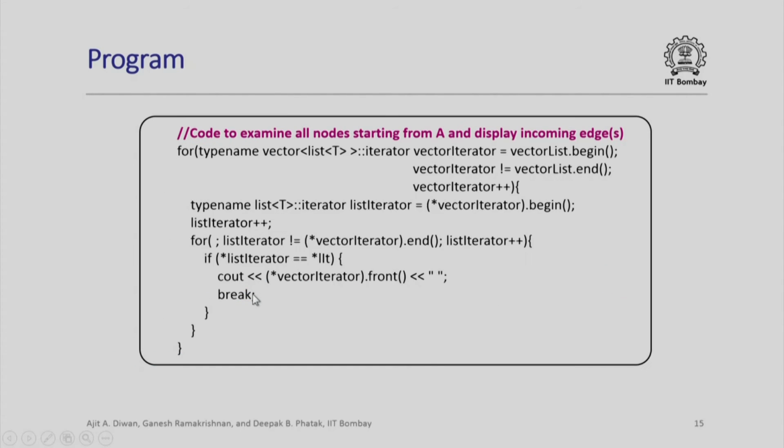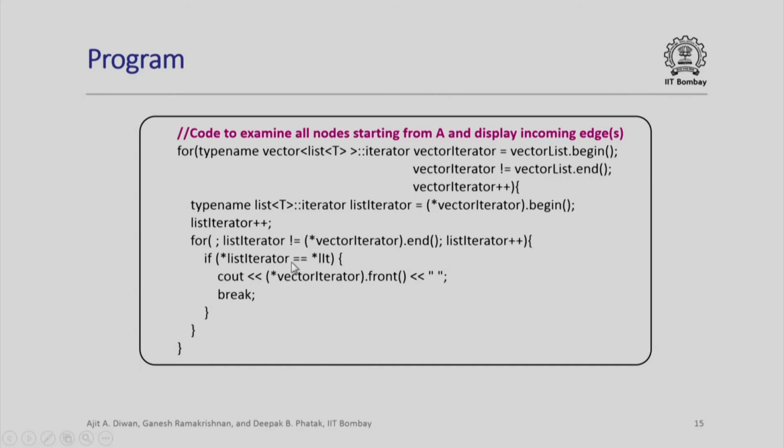We will look at this code now. First and foremost, we have this iteration from beginning to the end of the vector list. We set this and we set the list iterator to begin. Now, we set another iteration. We look at each list in succession. So, this is looking at one particular list. Now, if the list iterator is star LLT, remember we had noted the place where we are looking for the node in star LLT.